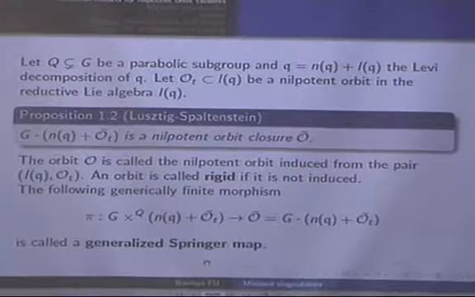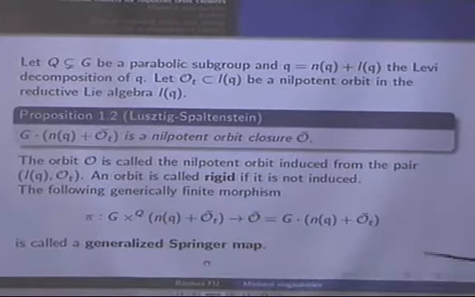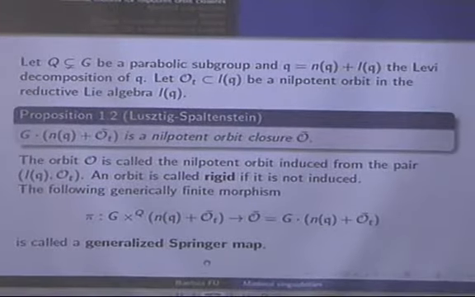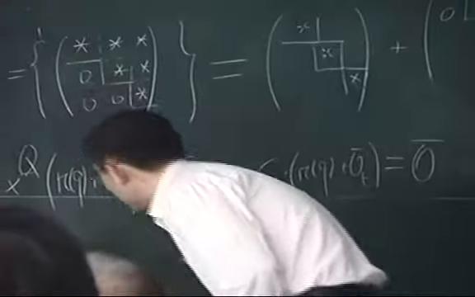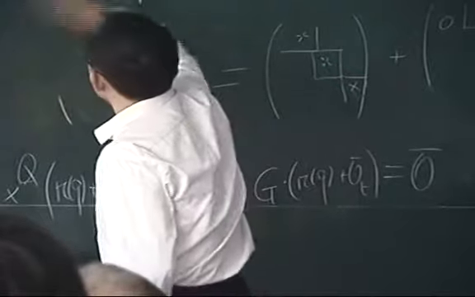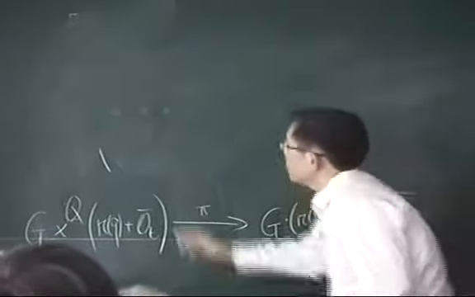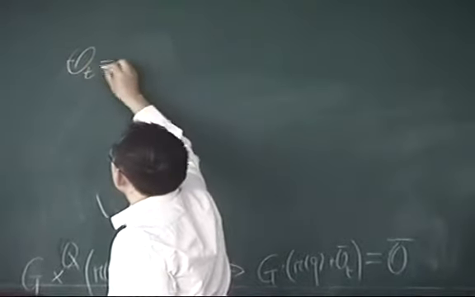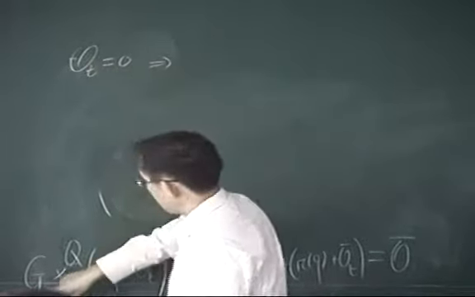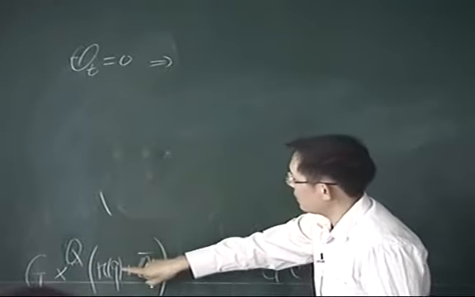The reason we call it generalized is that if you consider O_L equal to 0, then this map is just G times over Q of N_Q.